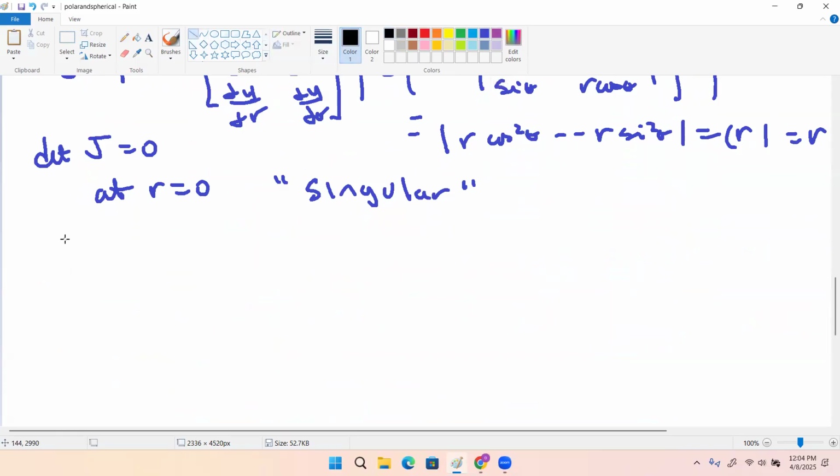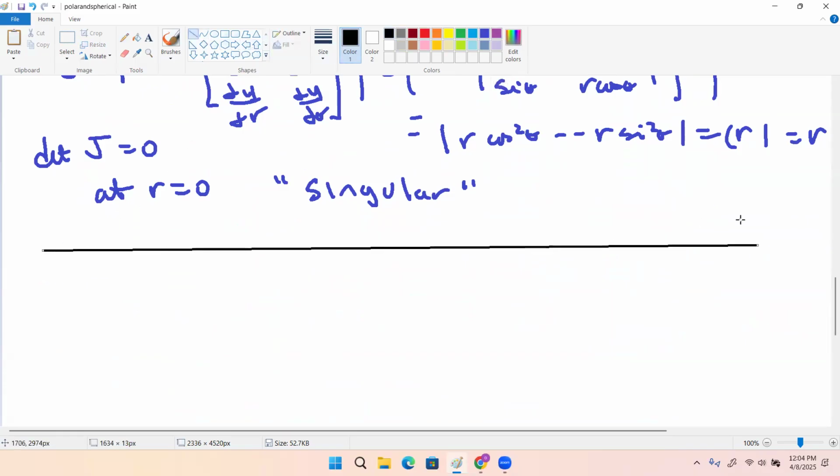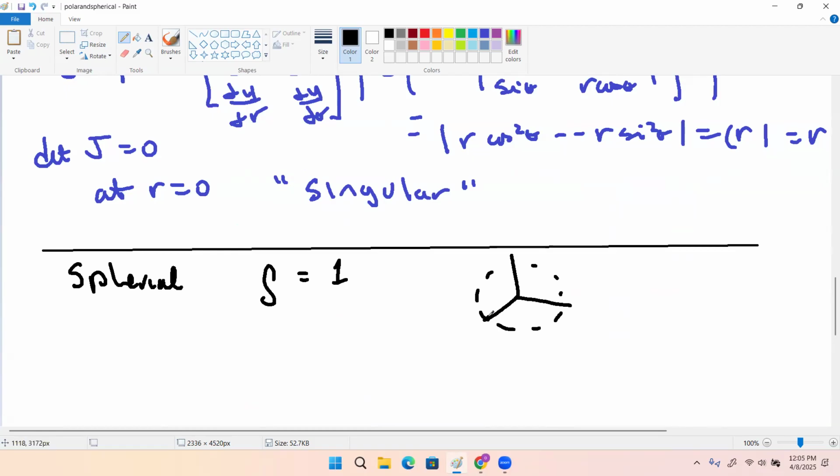Now let's say a couple words about spherical. In spherical, it's going to be a little bit harder to talk about just because of the dimensions. But in spherical, you know that rho equals a constant. Let's say rho equals 1. That corresponds to a sphere in x, y, z land.